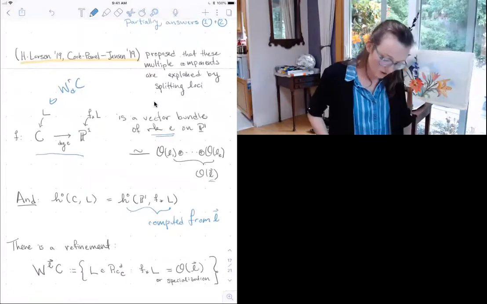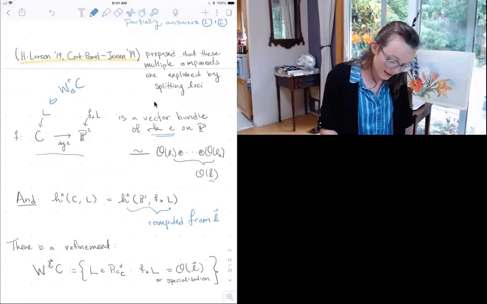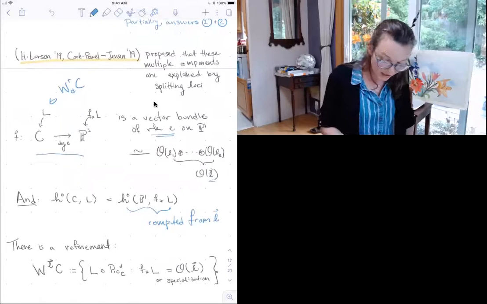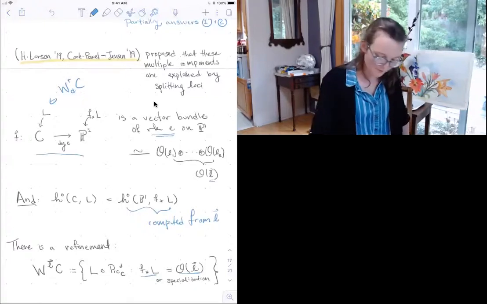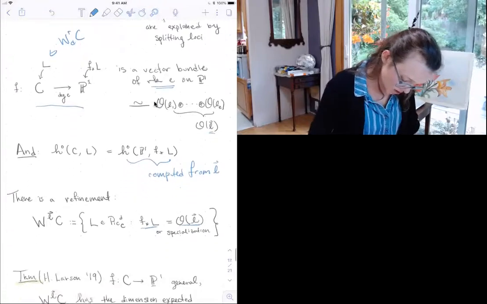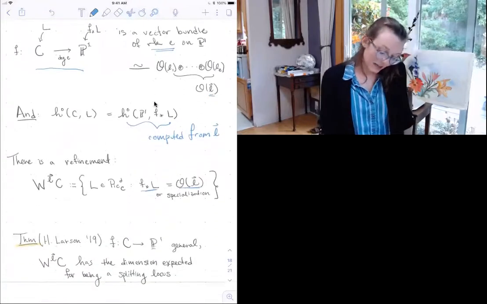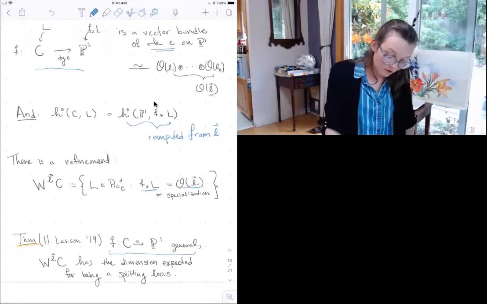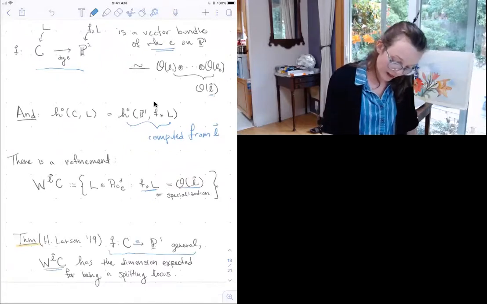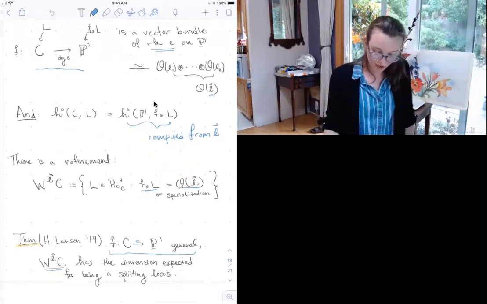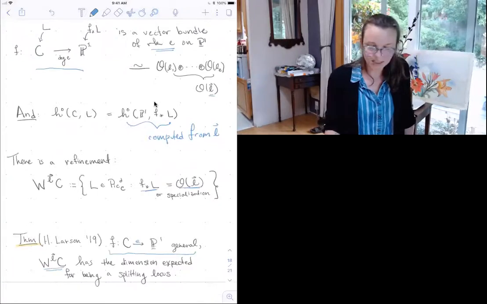So let me write them down. We'll call it W^vec L of C, which are line bundles in Pic^D of the curve whose push forward has splitting type O(vec L) or some specialization thereof. Okay, so Hannah Larson proved that if this map from the curve to P1, which was of degree E, is general, then the Brill-Noether splitting loci, W^vec L of C, have the dimension that you would expect for being splitting loci.